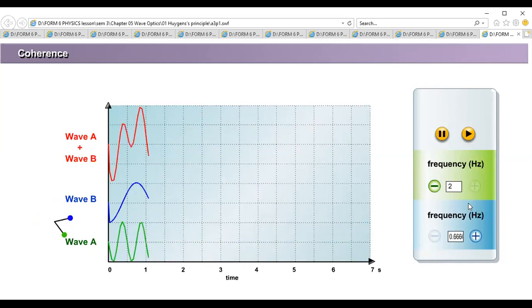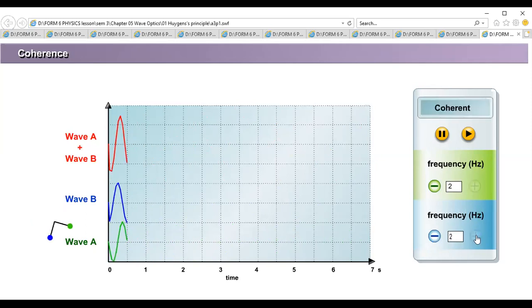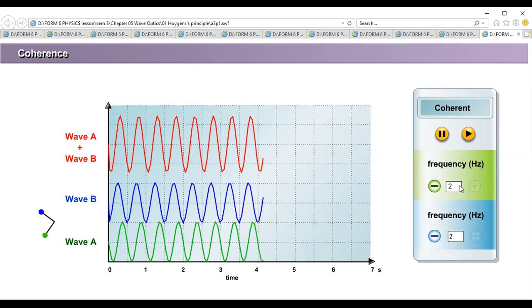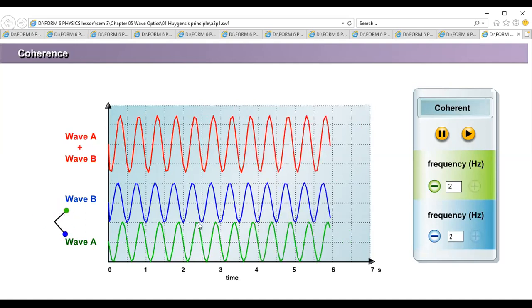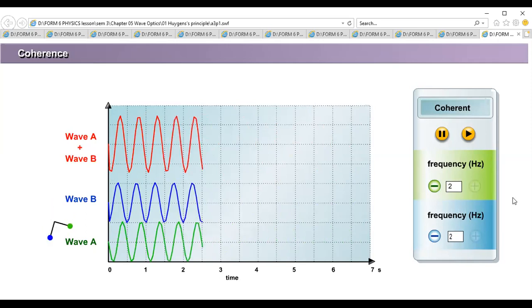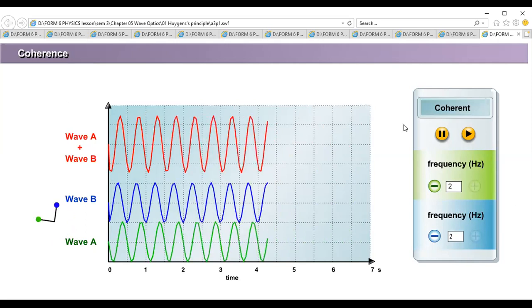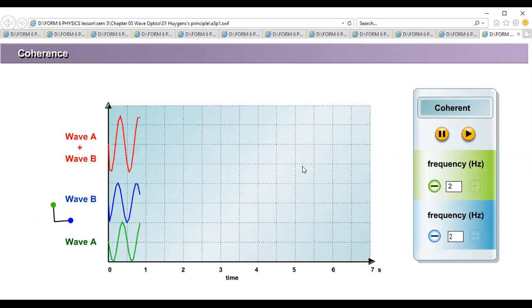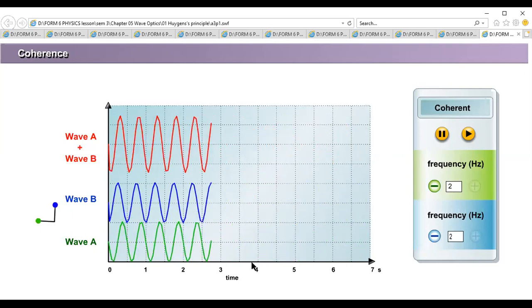And if I increase both with the same frequency but a slight phase difference, the resultant wave produced is due to the phenomenon of interference.